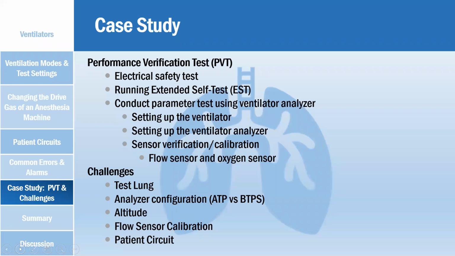Then conduct parameter testing by setting up the ventilator with the ventilator analyzer, sensor verification, and calibration of the flow sensor and oxygen sensor. These are the main components they do during a performance verification.